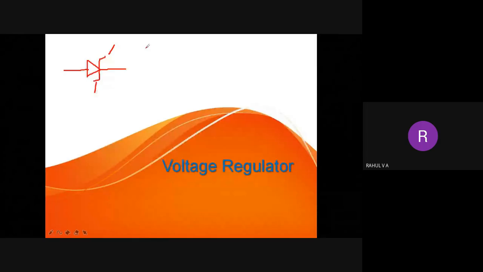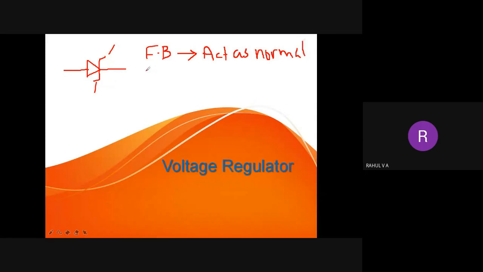So what is this Zener diode? In the forward biased condition, a Zener diode acts as a normal diode. But in reverse bias condition, it conducts.